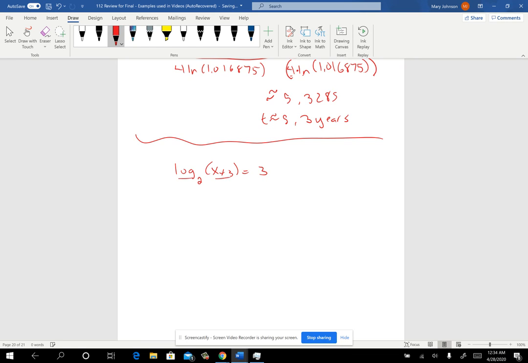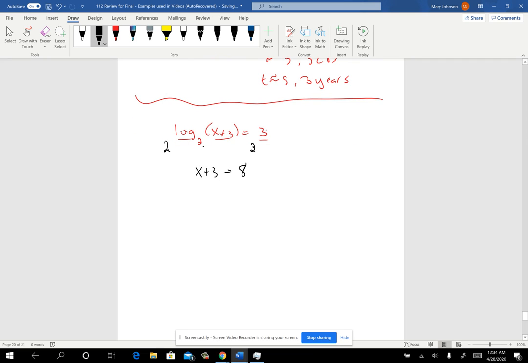Okay, when you write that, these should all be on the same line. Okay. All right, so these are a little easier because to undo the log base 2, I'm just going to do 2 to the left side and 2 to the right side. And the 2 and the log base 2 cancel out. And we get x plus 3 equals 2 to the third, which would be 8. Take away 3, and we wind up with x being 5.